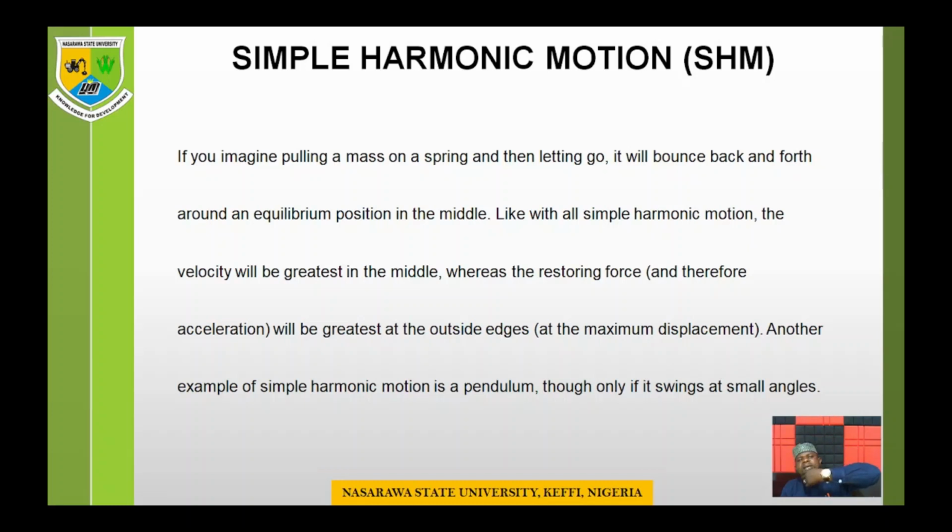But if you are just holding it facing the ground, holding it in a stable position without any displacement of the bob, of course there will be no motion, and there will be no simple harmonic motion. But once you displace it to a small angle, and then you release, we will now have a motion called simple harmonic motion.